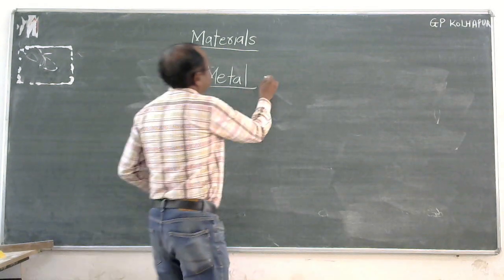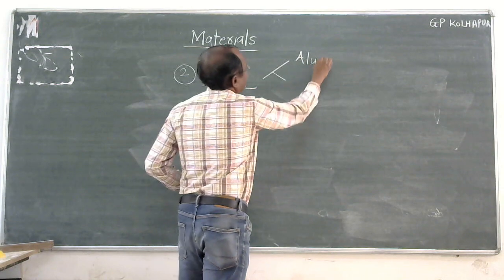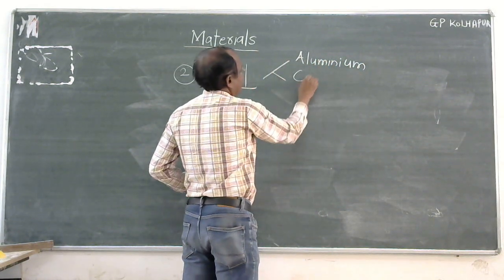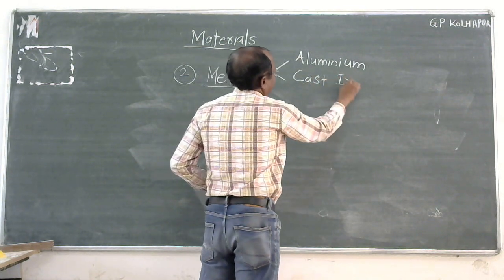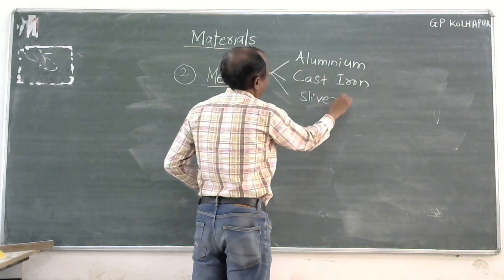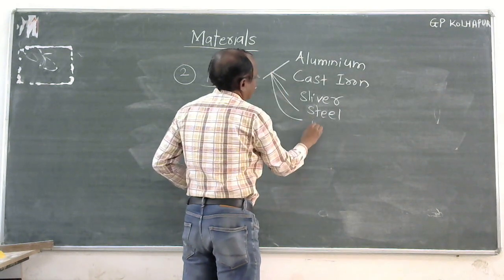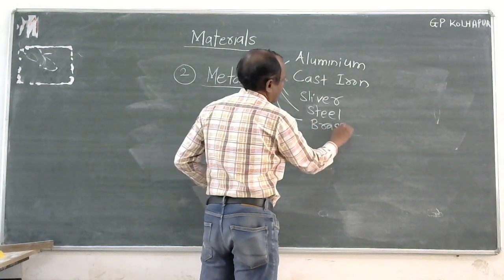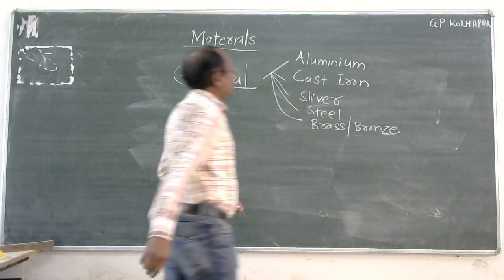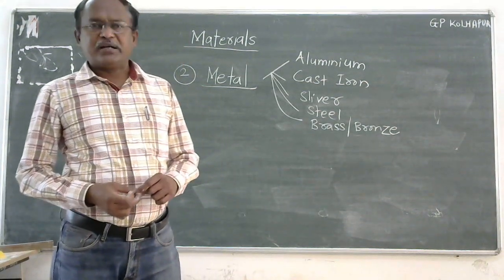In metal: aluminium, cast iron, silver, steel, lead, brass, bronze. These are the various metals used for making patterns.